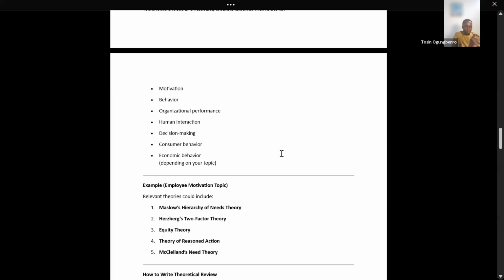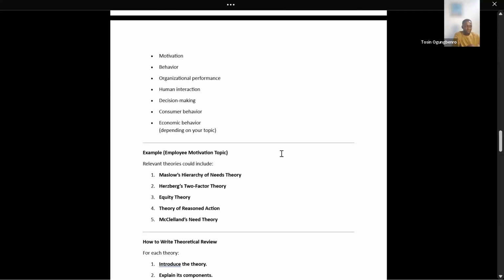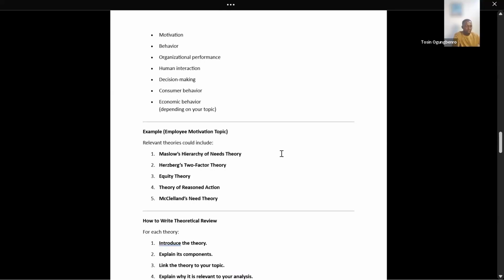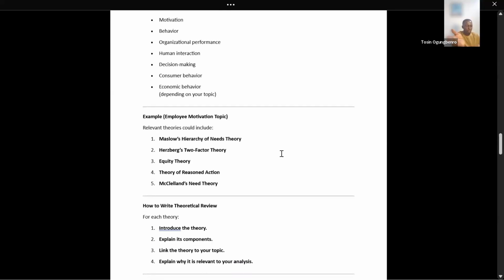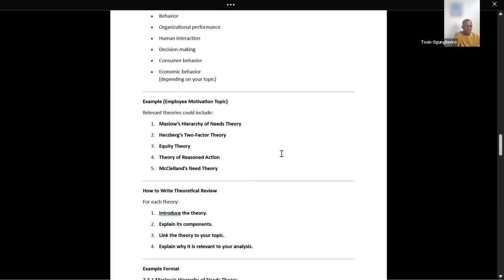You choose your theory based on what your topic is talking about. So, example of employee motivation topic: relevant theories could include Maslow's hierarchy of needs theory, Herzberg's two-factor theory, equity theory, theory of reasoned action, McClelland's need theory. So every field has its own theories.